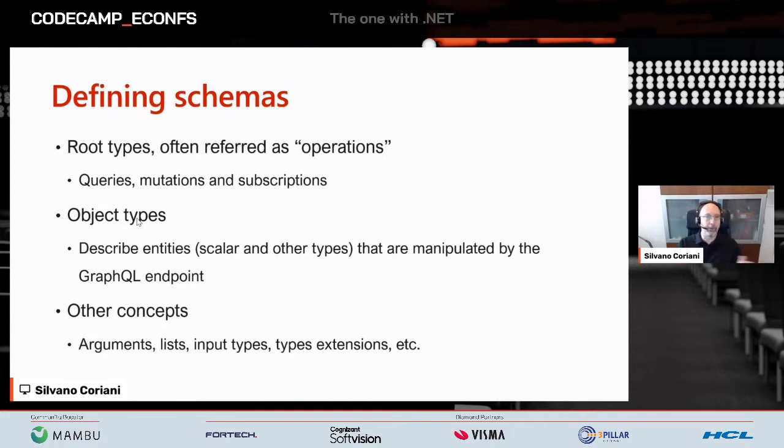And then you have all your entities, your object types that describe the various entities that this GraphQL endpoint is manipulating. These objects and those operations have arguments, which can be scalar arguments or other object types. Those objects can be organized in lists and arrays.